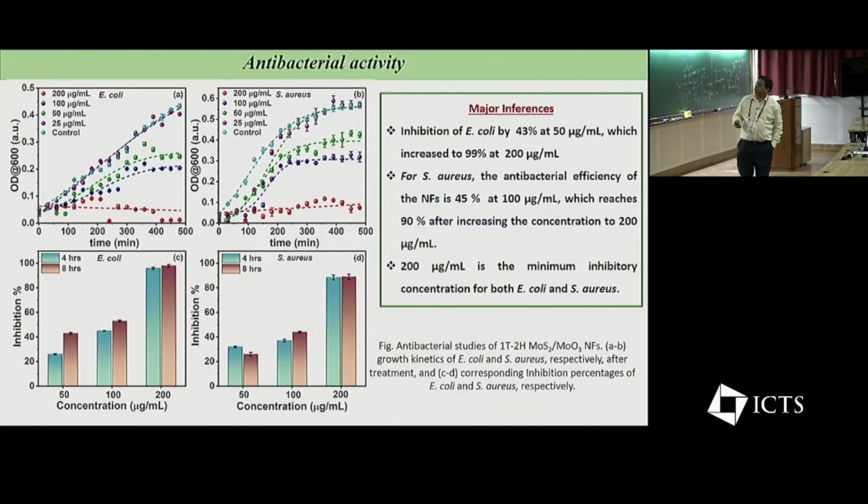For antibacterial activity, it was tested with two different strains of bacteria, E. coli and S. aureus, and it shows a minimum inhibitory concentration of around 200 microgram per ml, and at this concentration it is killing or inhibiting their growth by more than 90%.